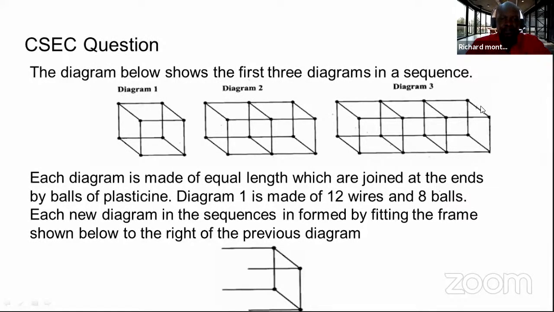Each diagram is made up of equal length wires, which are joined at the end by balls of plasticine. Diagram 1 is made up of 12 wires and 8 balls. Each new diagram in the sequence is formed by fitting the frame shown below to the right of the previous diagram.